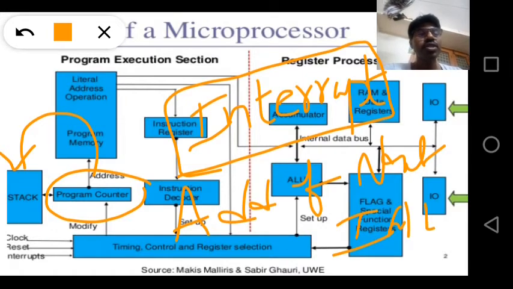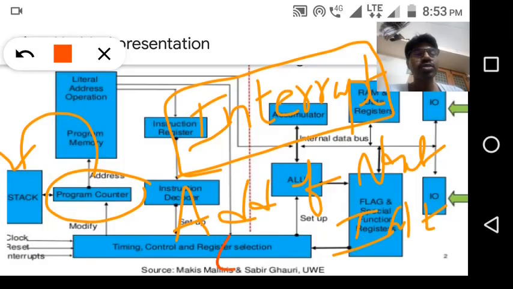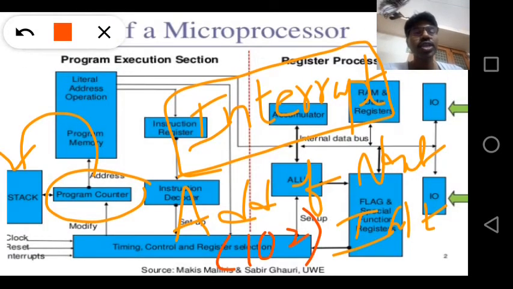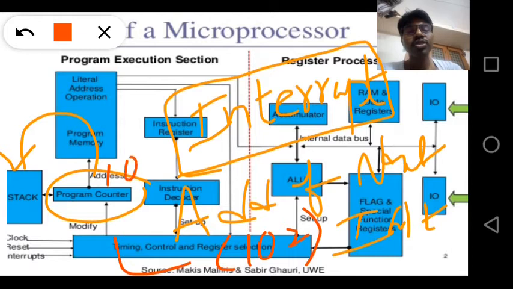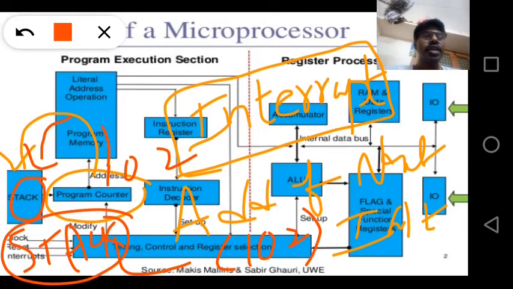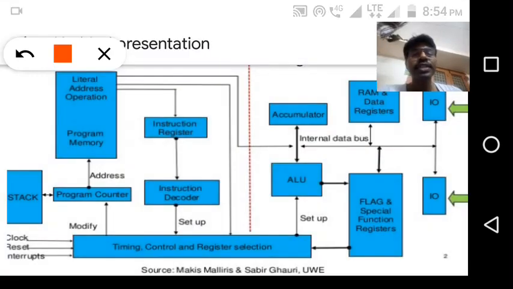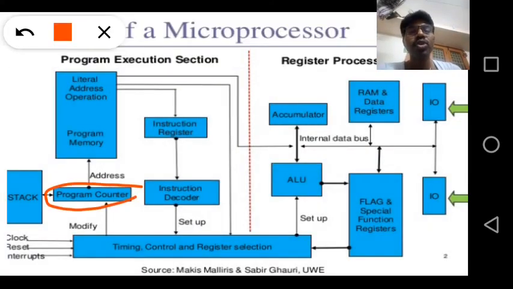Let's assume the address of the next instruction is 102. This 102 has to be stored in the stack. So this is the case where the program counter interacts with the stack.